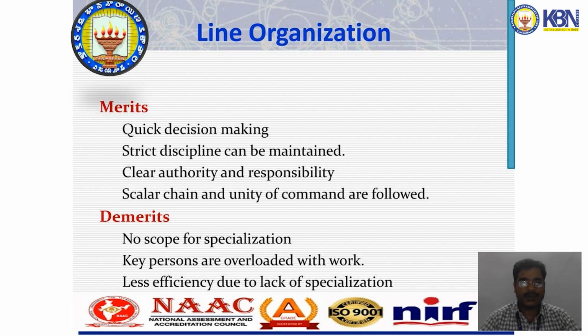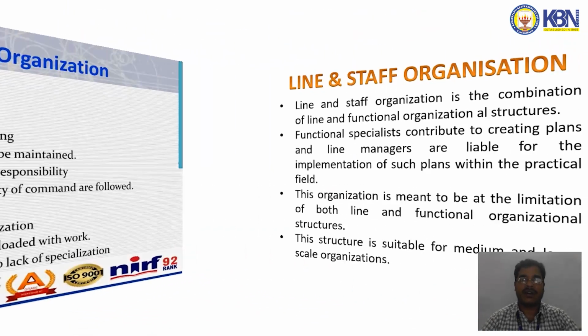And the key persons are overloaded with overwork, which means the line managers will handle a huge amount of tasks. So key persons are overloaded with work, and there is less efficiency due to lack of specialization. These are the demerits of line organization.